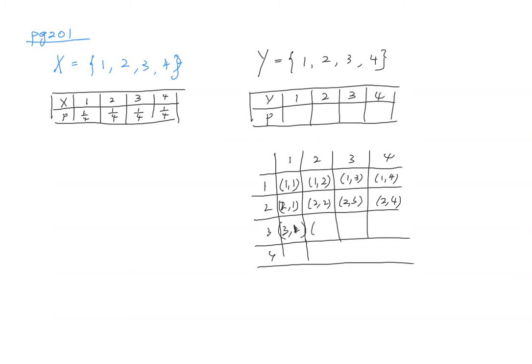I write down first, you hold on, be patient. Now altogether I have 4 times 4. That is 16, am I right? So the outcomes will be 16.